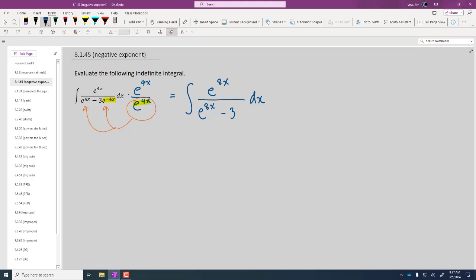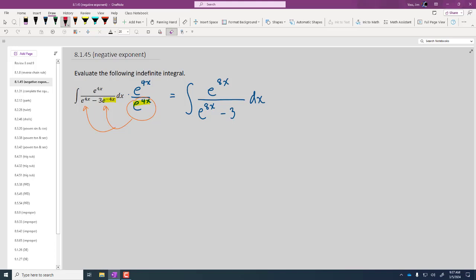What's the next step? Log form. Right? The derivative of the denominator is almost the numerator. The derivative of the denominator, derivative of negative 3 is 0. Derivative of e to the 8x is itself times 8.